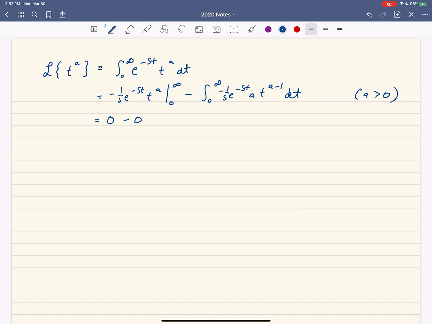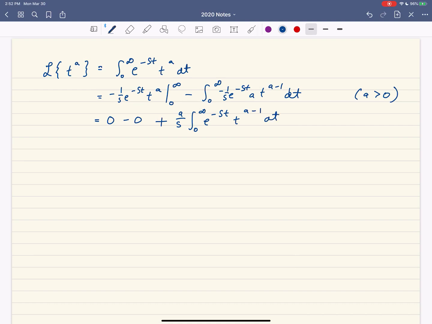So this is going to be 0 plus a over s times the integral from 0 to infinity of e to the minus st times t to the a minus 1 dt.